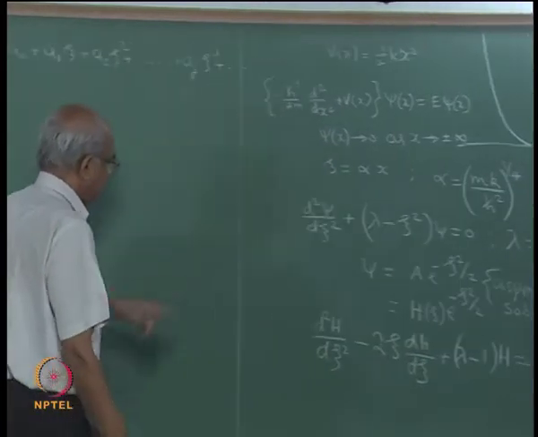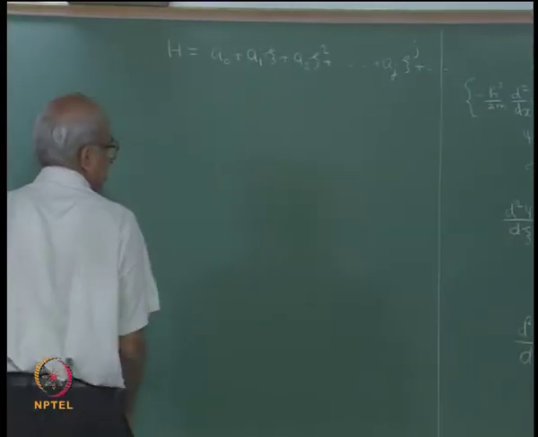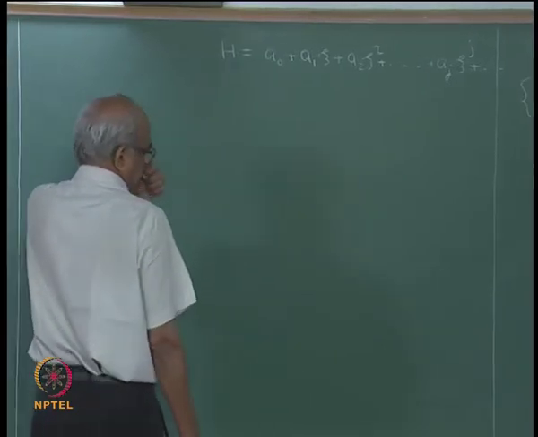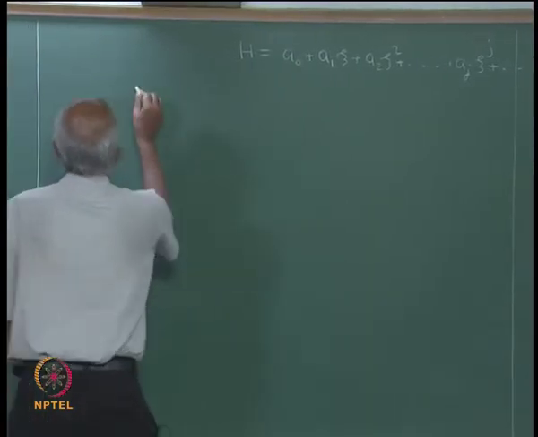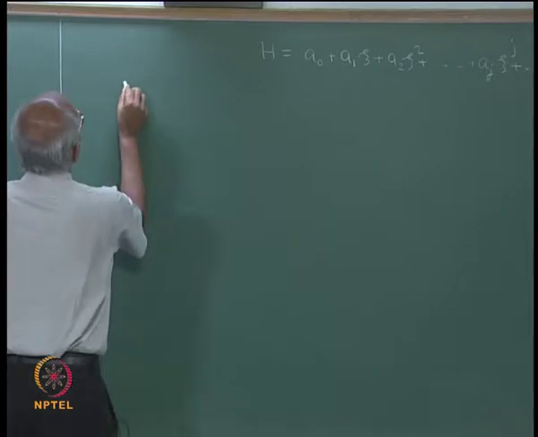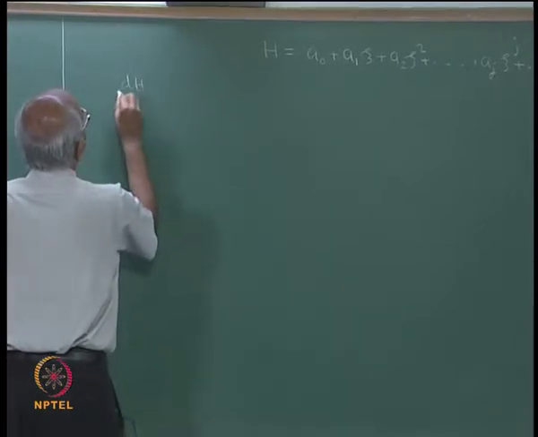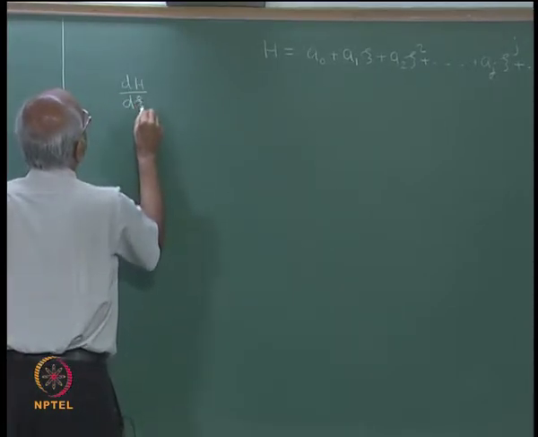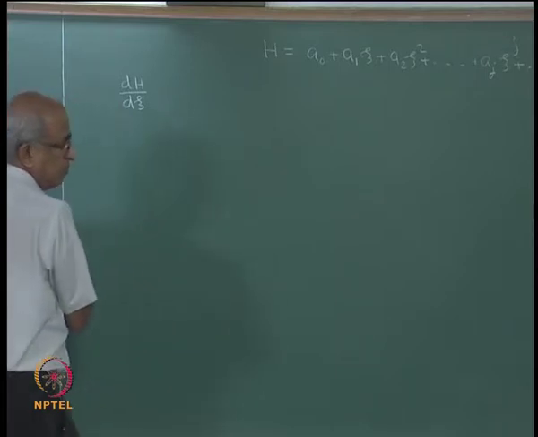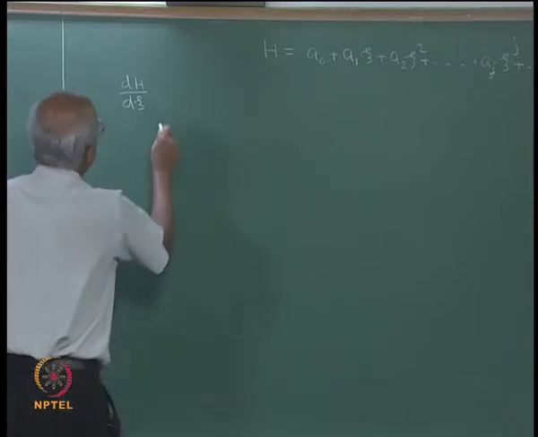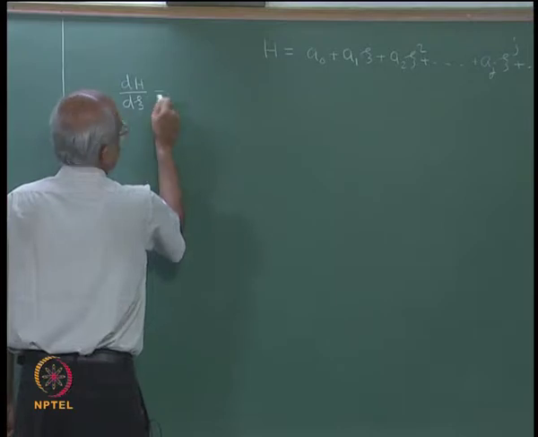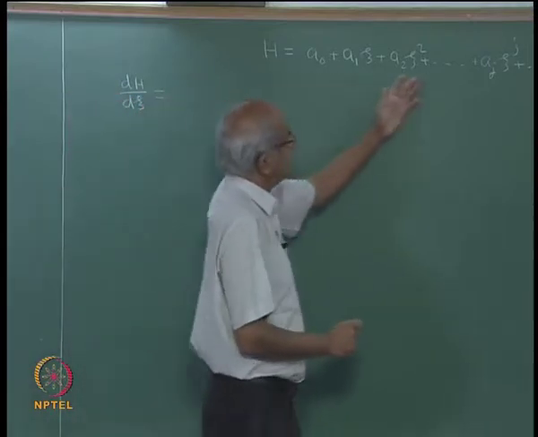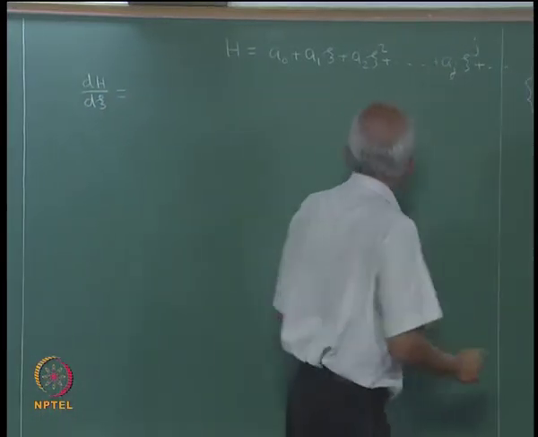So, in order to substitute that, I should first evaluate dh by dc. What will it be? You have the series, it is fairly easy to differentiate it.